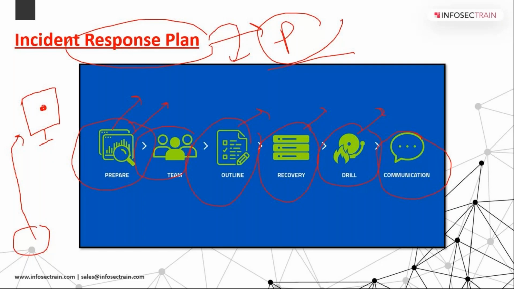WannaCry exploited a vulnerability in the Windows system. Due to that particular vulnerability, the systems were compromised.